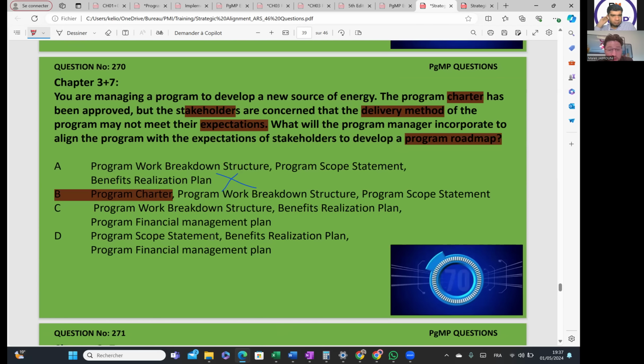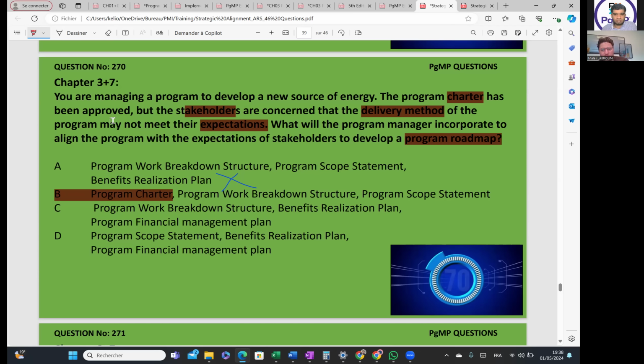This one was also not okay. So this one: you are managing a program to develop a new source of energy. The program charter has been approved, but the stakeholders are concerned that the delivery method of the program may not meet their expectations. What will the program manager incorporate to align the program with the expectations of stakeholders?